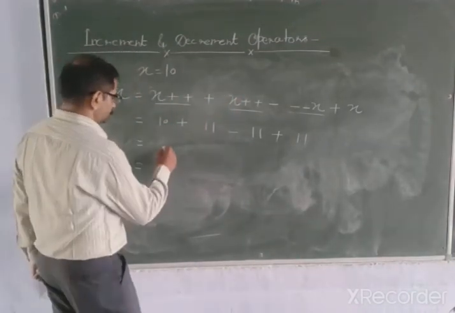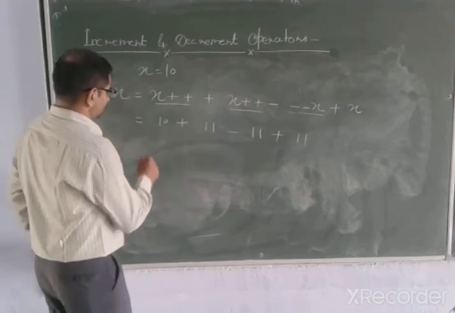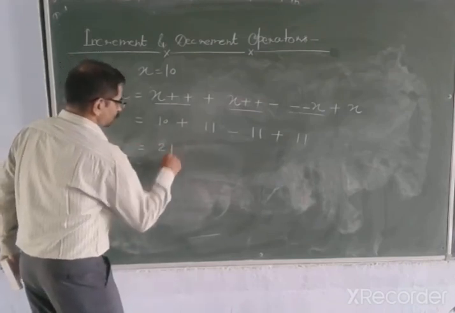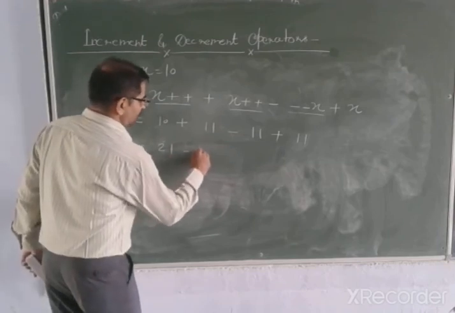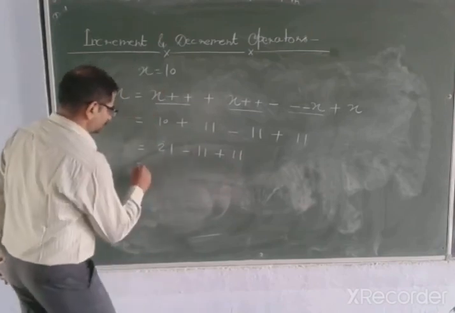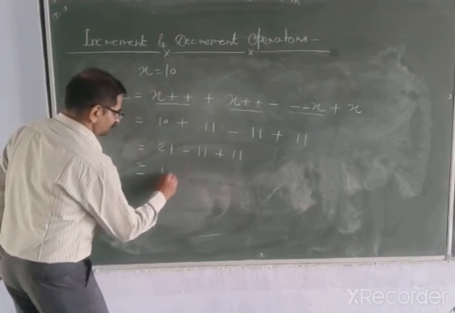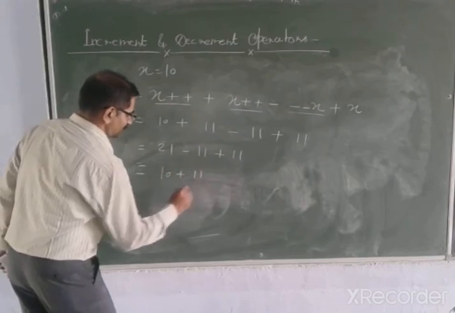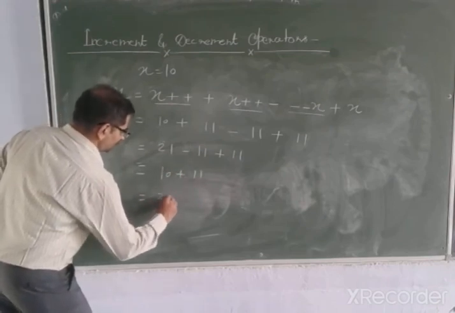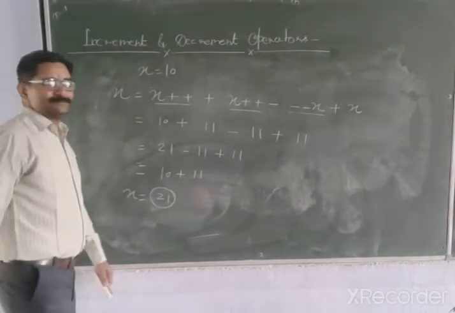Now 10 plus 11, that is 21, minus 11 plus 11. So 21 minus 11, and at last you get 21.